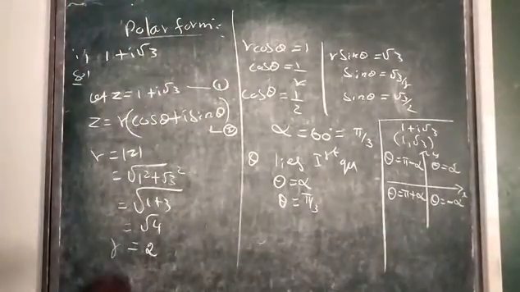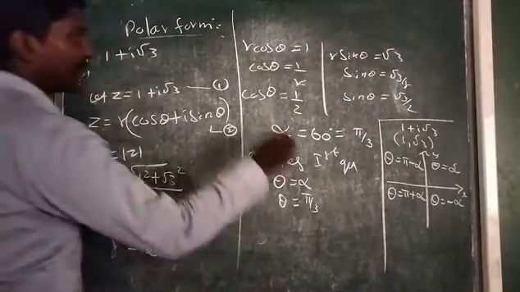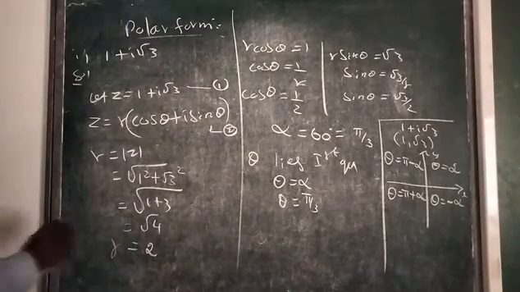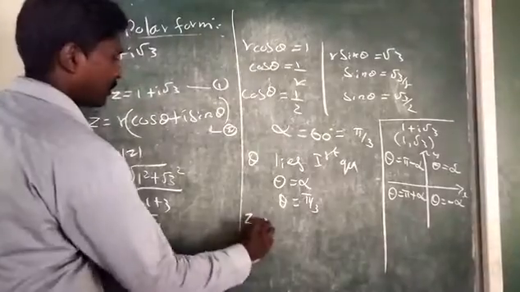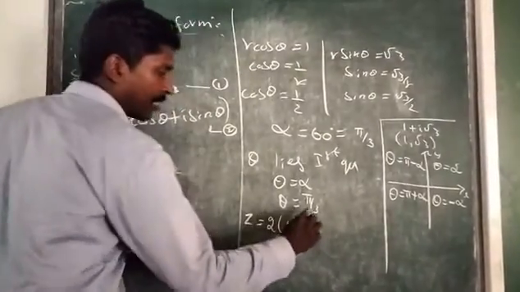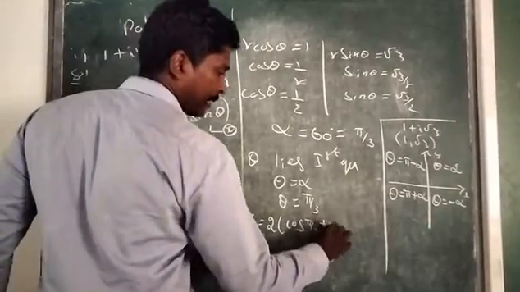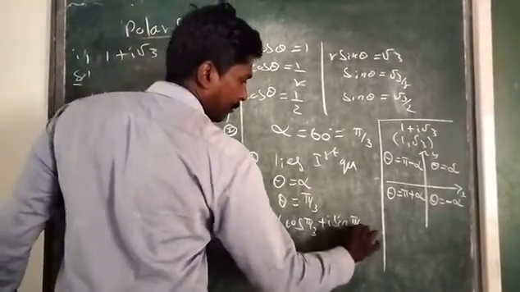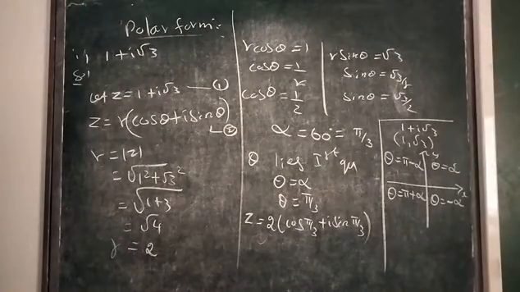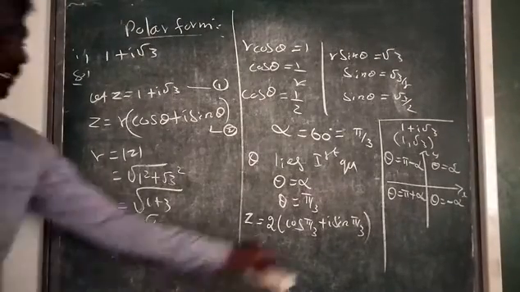Now we know the value of r and the value of theta. Substitute in the equation, which is the polar form of the given complex number. So write z equal to r value, 2, into cos pi by 3 plus i sin pi by 3. If you want to write in general terms, you can add 2k pi along with the angle.